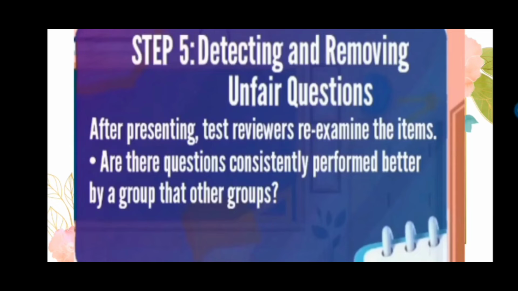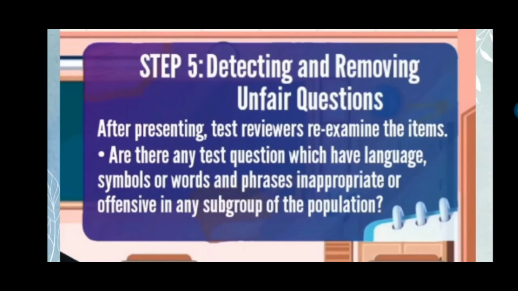Second, are there questions consistently performed better by a group than other groups? And the last, are there any test questions which have language, symbols, or words and phrases inappropriate or offensive in any subgroup of the population?